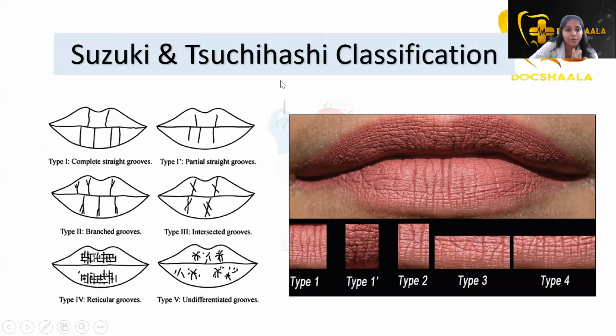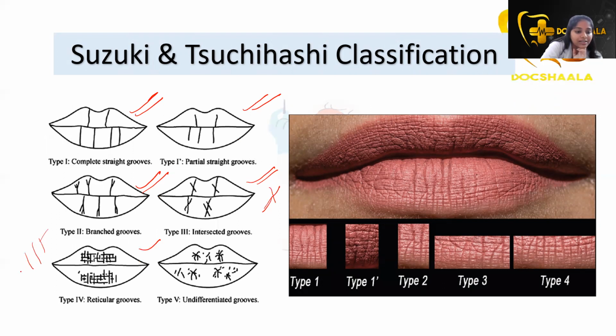So this is the image. Here you can see complete straight grooves, type 1; type 1 prime, partial straight grooves; branched grooves, type 2; intersected grooves, type 3; and reticular grooves like this, type 4, which is a kind of mesh-like pattern. Type 5 shows completely undifferentiated grooves, so we cannot identify which pattern it is. The same thing you can see in the lips of this female.